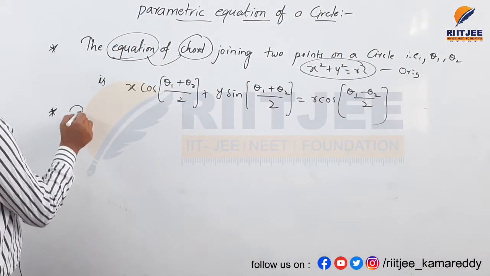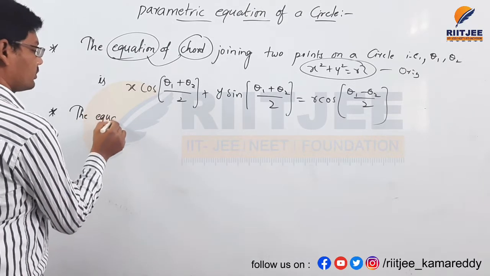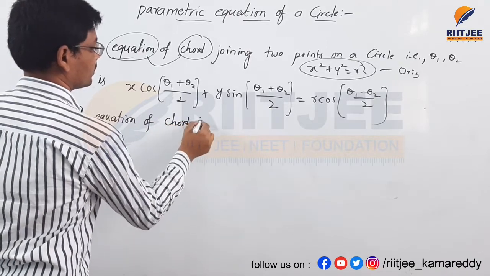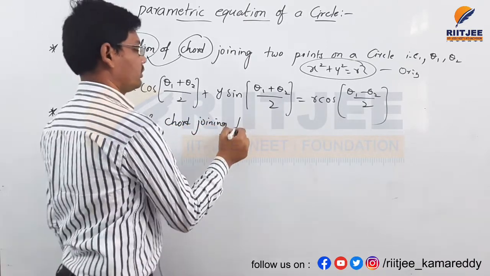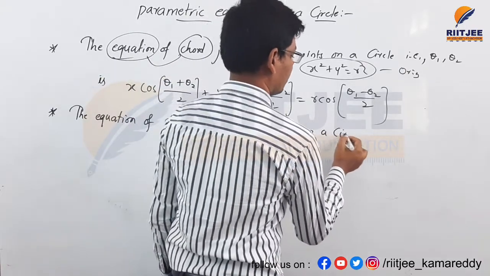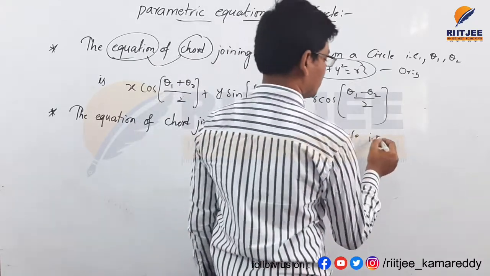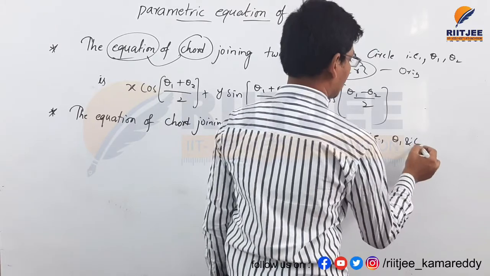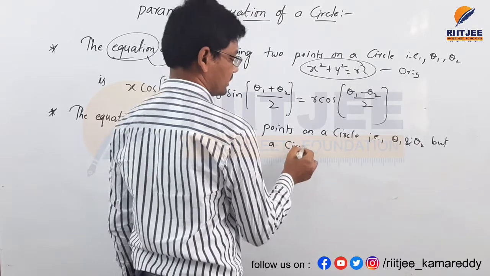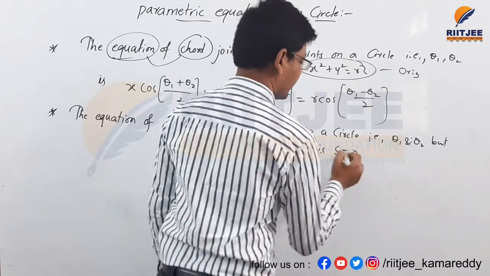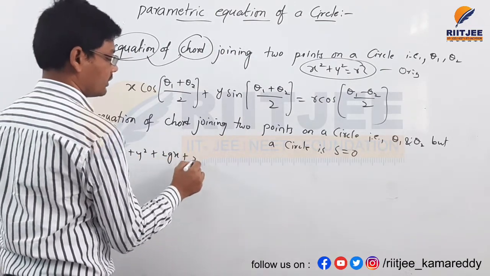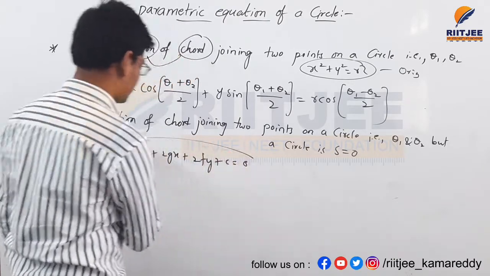And the next topic is the equation of a chord joining 2 points on a circle, that is theta 1 and theta 2, but on a circle S is equal to 0, where S is equal to 0 is x square plus y square plus 2gx plus 2fy plus c is equal to 0.